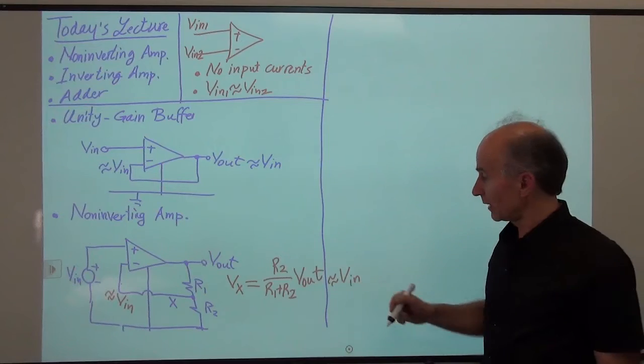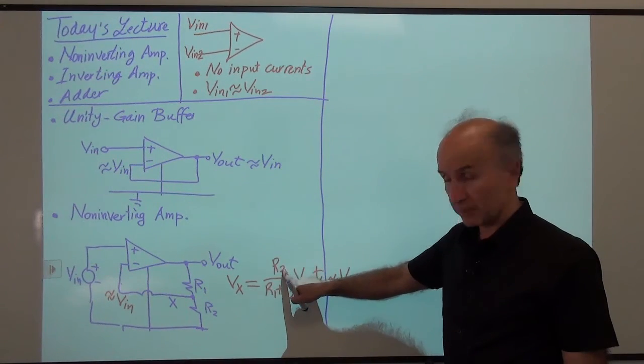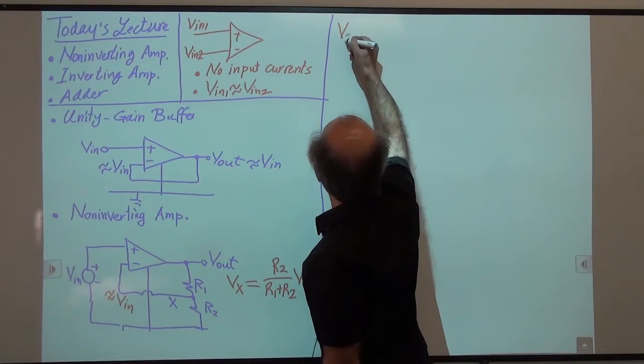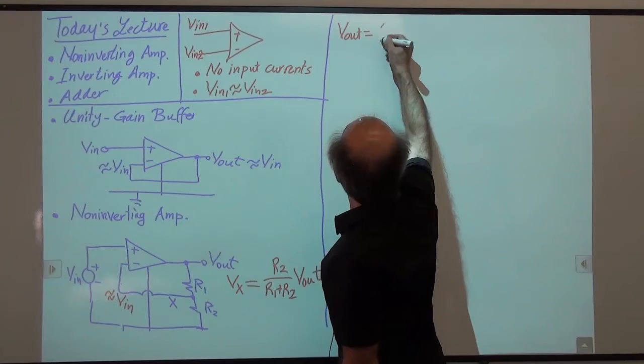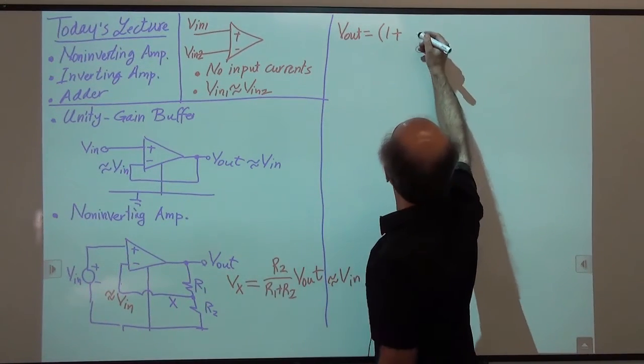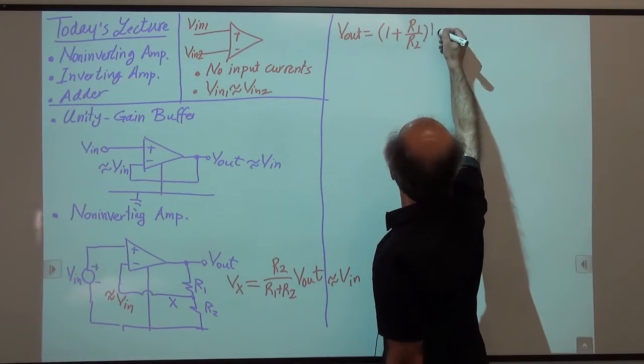Because I have this equation. So let's go ahead and do that. I have to multiply by R1 plus R2 divided by R2. So what I see is that Vout is equal to 1 plus R1 over R2 times Vin.